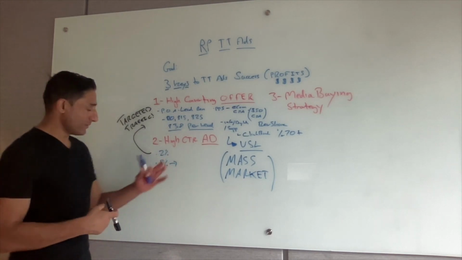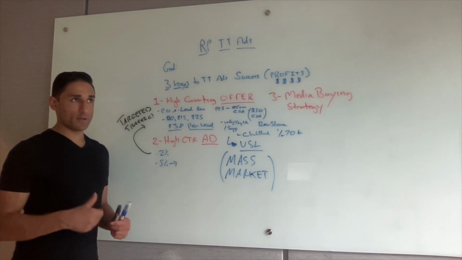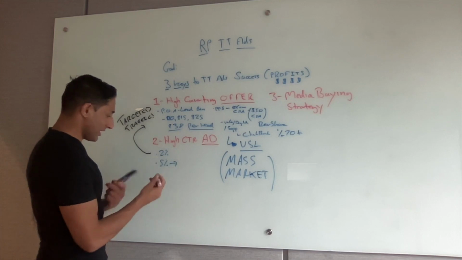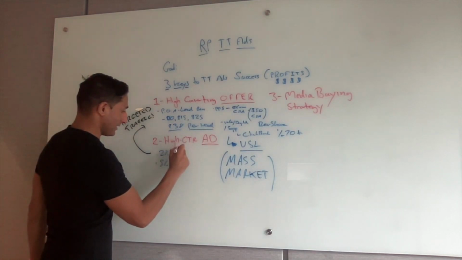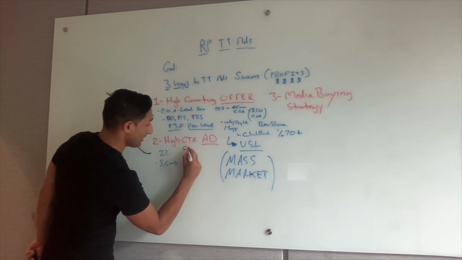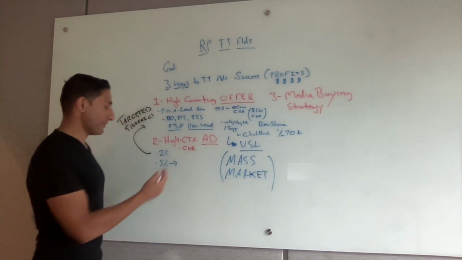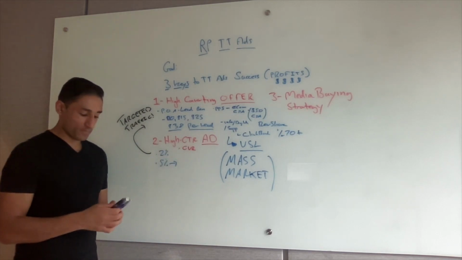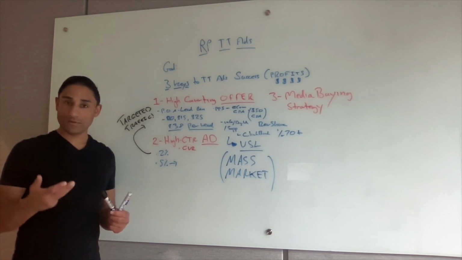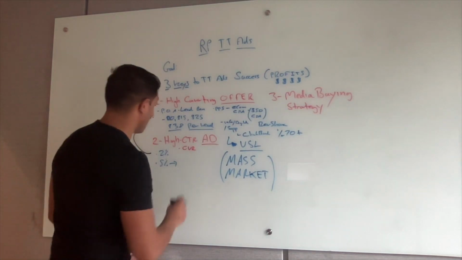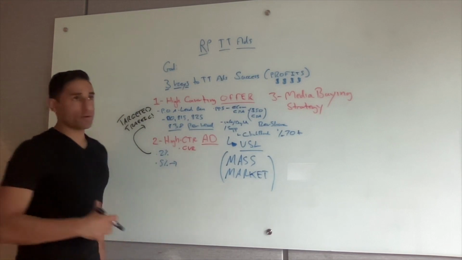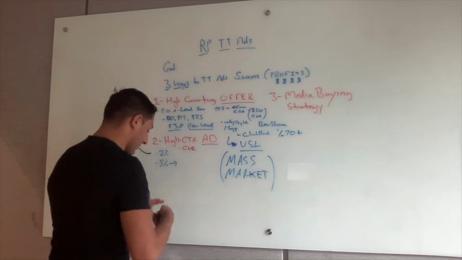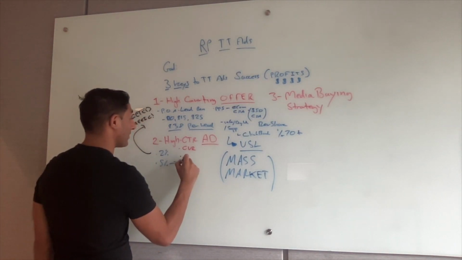The overview is this: in order to get a high click-through rate (CTR) and a high conversion rate (CVR), there are 3 different things we need to know how to do, and it all starts with something called the angle.